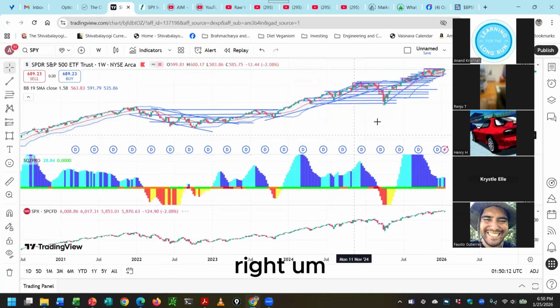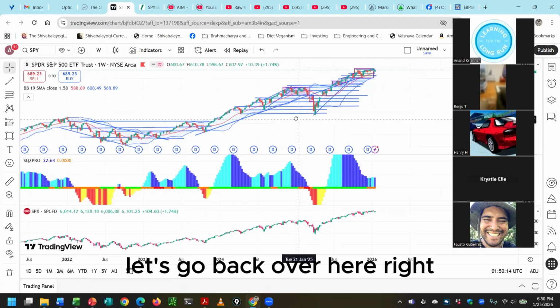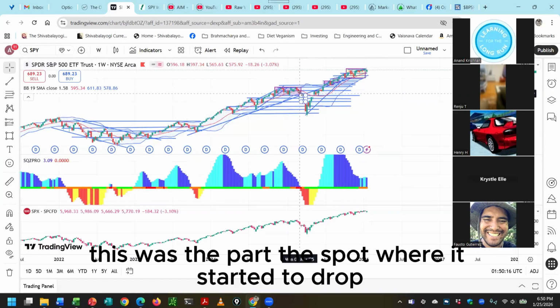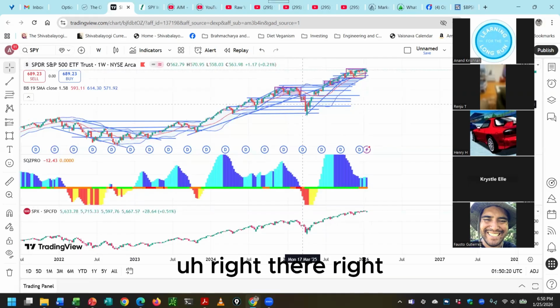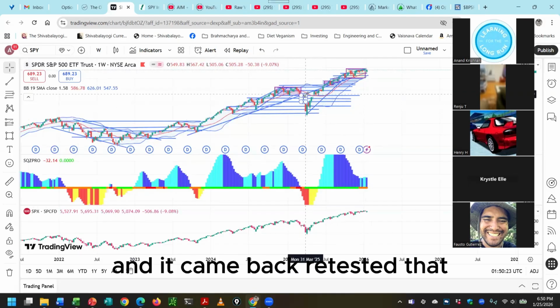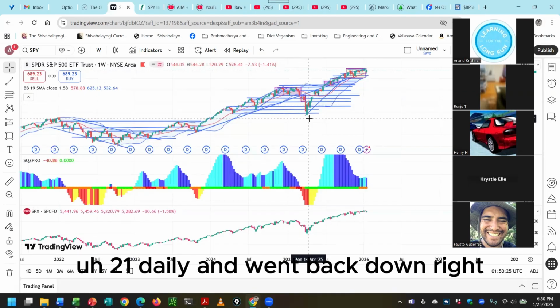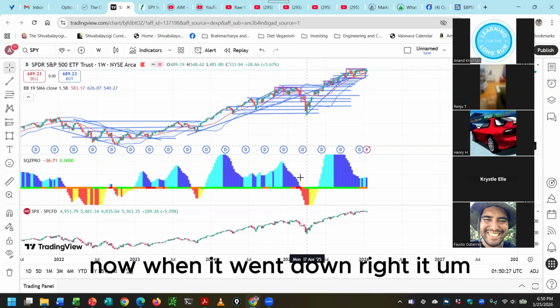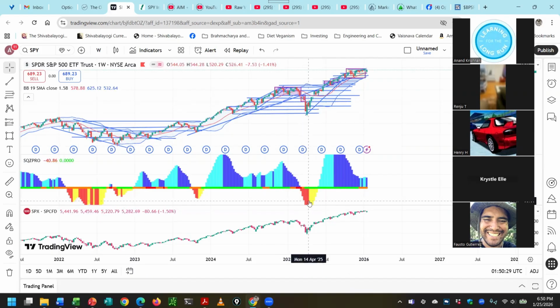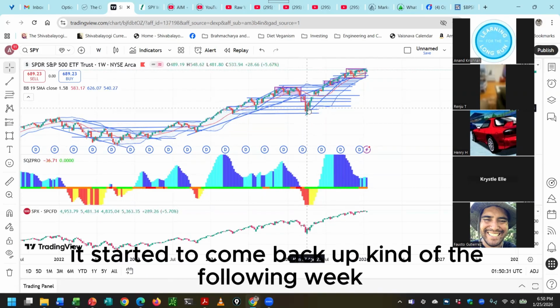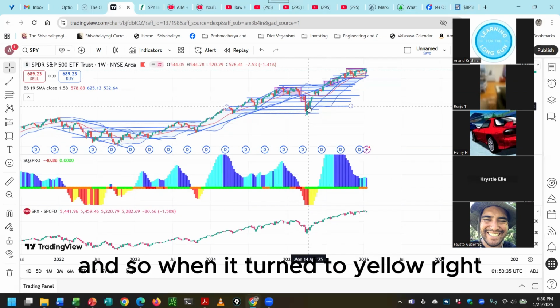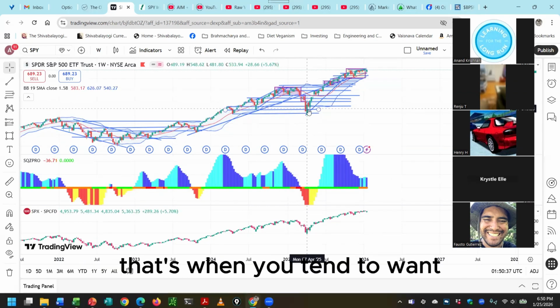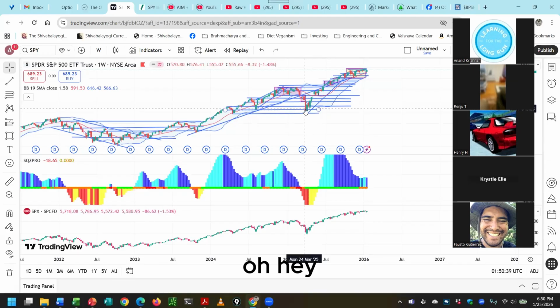This was the spot where it started to drop right there, and it came back, retested that 21 daily and went back down. Then it started to come back up the following week. And so when it turned yellow, that's when you tend to want to buy.